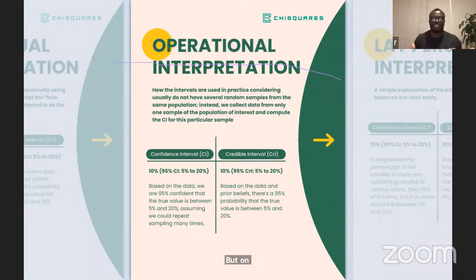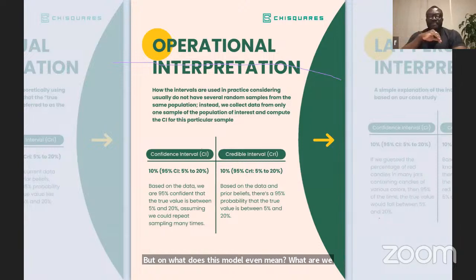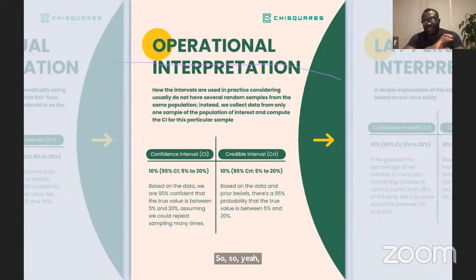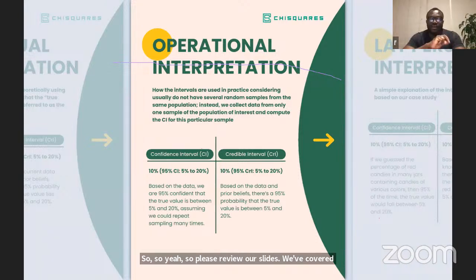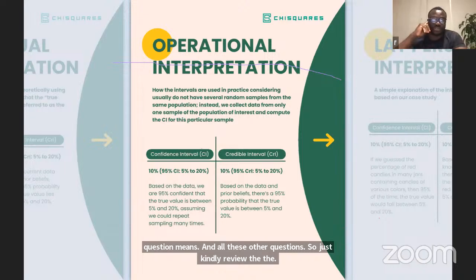What are we trying to achieve, right? From just simple basic principles. So please review our slides. We've covered extensively all of the elements of what a binary logistic regression means and all these other regressions.